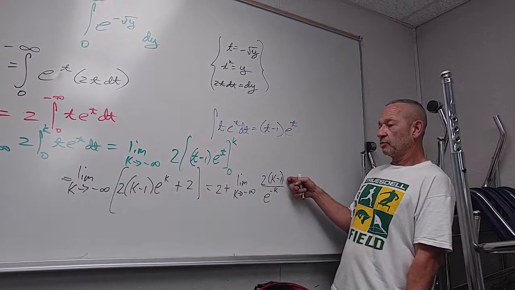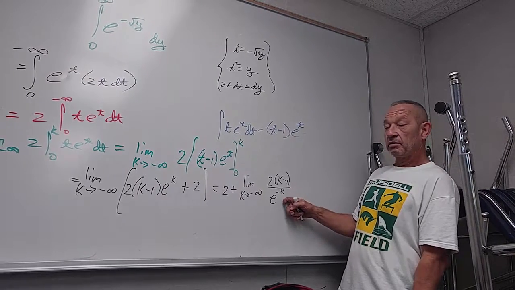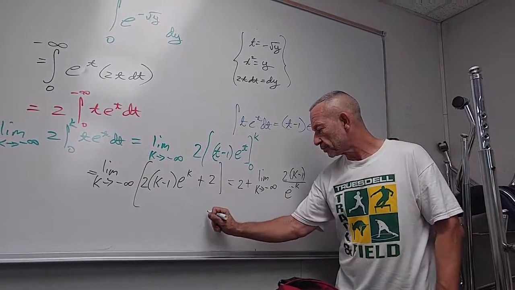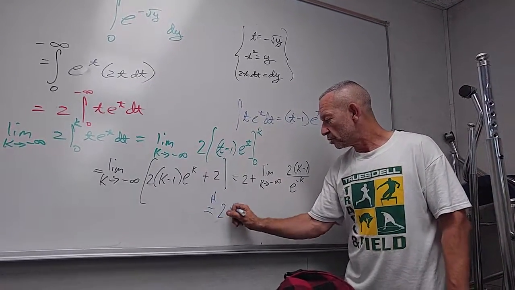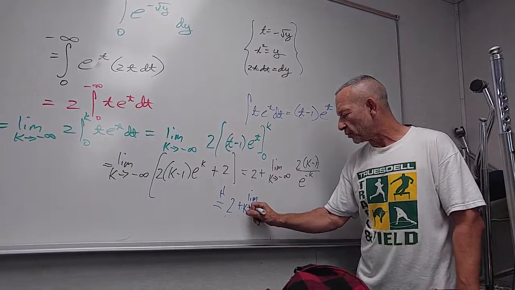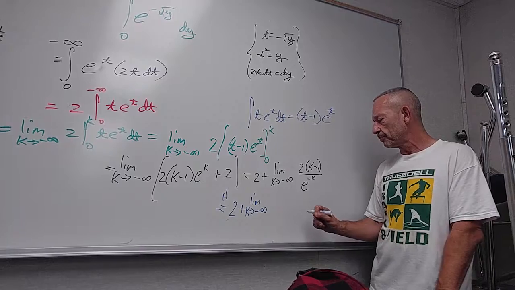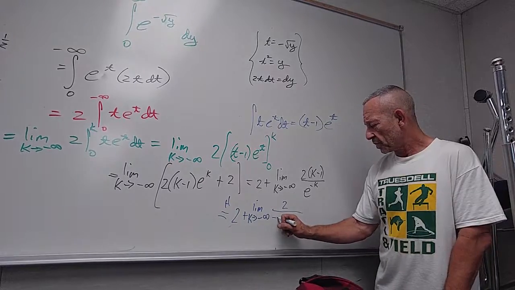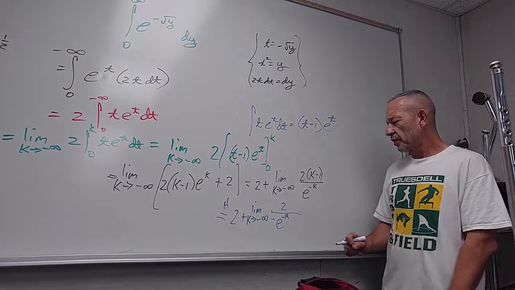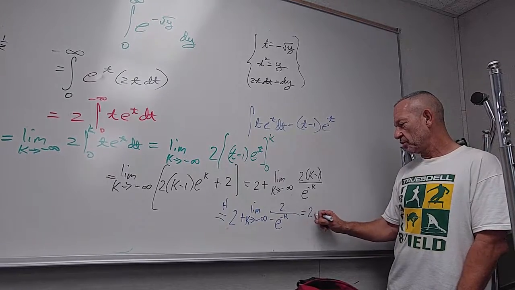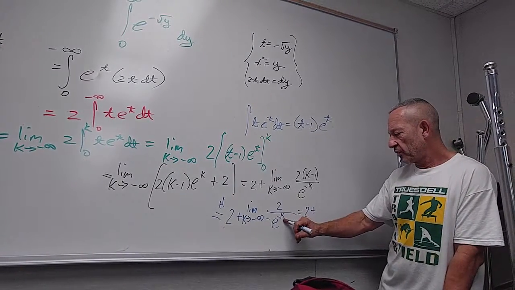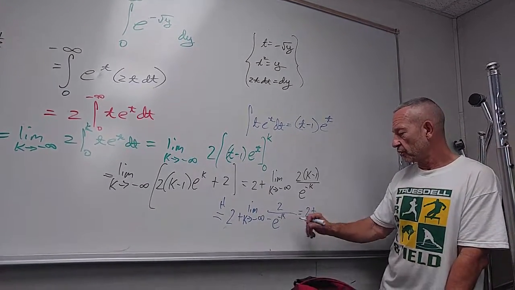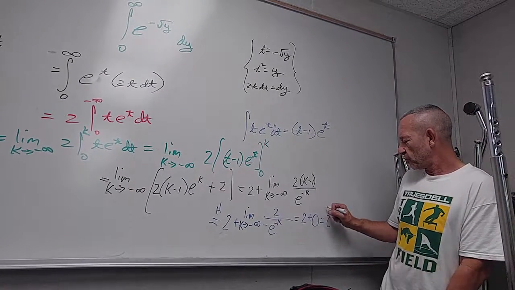Now we have minus infinity on top, plus infinity on bottom, and we can use L'Hopital's rule. 2 plus limit as k goes to minus infinity, derivative of the top, 1, over derivative of the bottom, minus e to the minus k. Let's now let k go to infinity. We get 2 plus, well, minus infinity, minus a minus is plus, so e to the infinity, this is all just 0. So it looks like the answer is 2.